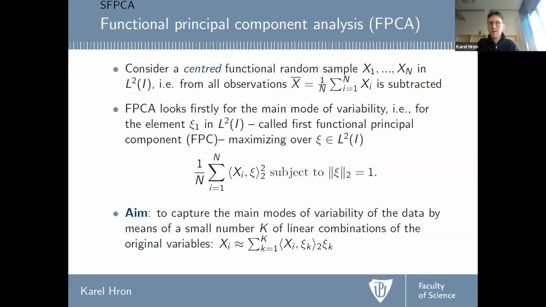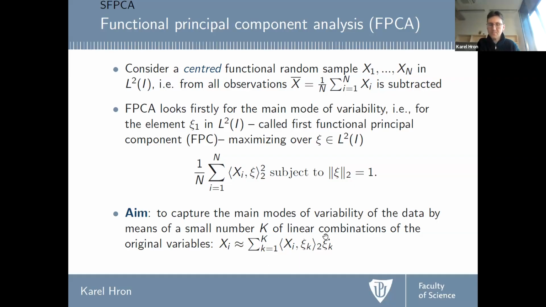So we subtract the mean from all observations, and then functional principal component analysis looks firstly for the main mode of variability, so some element in the L2 space, which is called the first functional principal component, where we maximize this term over all possible functions in the L2 space, of course, somehow normed, so that this maximization task makes sense. And the aim is to capture the dominant modes of variability of the data by means of just a small number of linear combinations of the original variables.